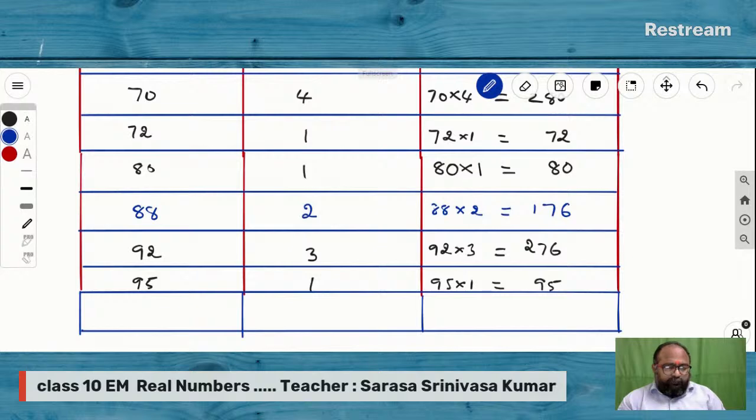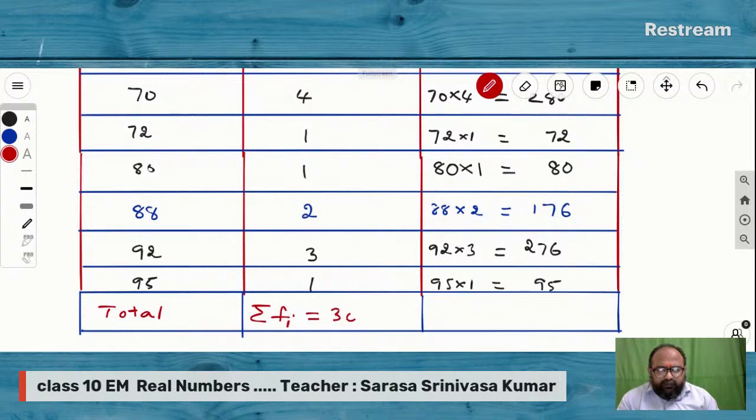So now we write total. This is the Fi column, sigma Fi equal to 30, if we add all these observations.